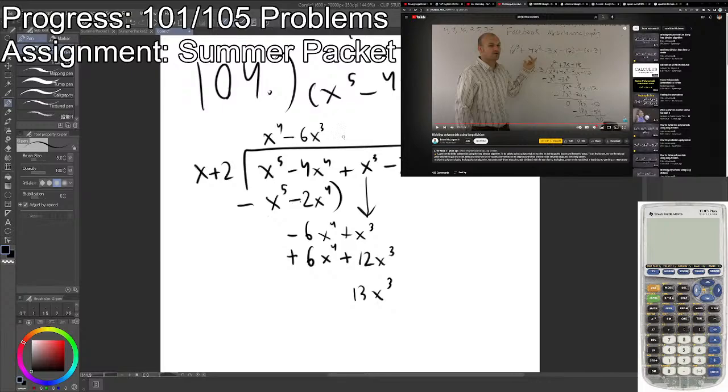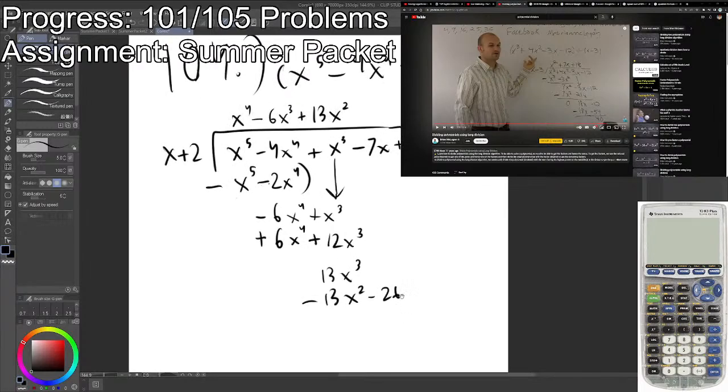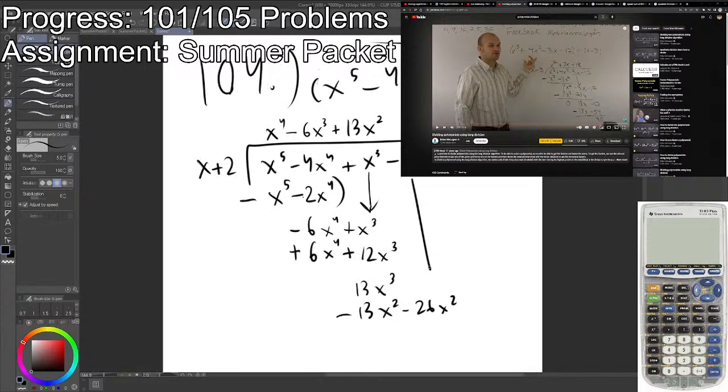Okay, how many times does x go into that? Plus 13x squared. Yep. Okay, so negative 13x squared, minus 26x squared. Drag this down.